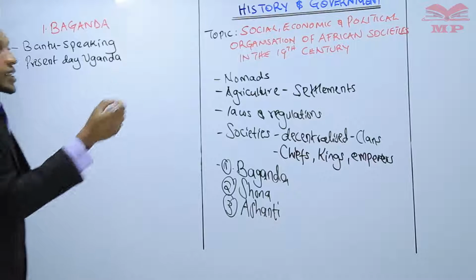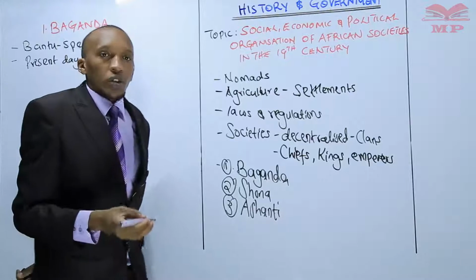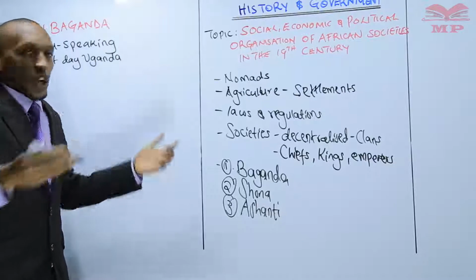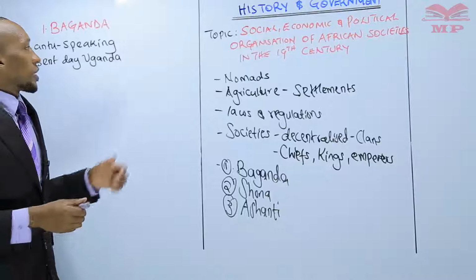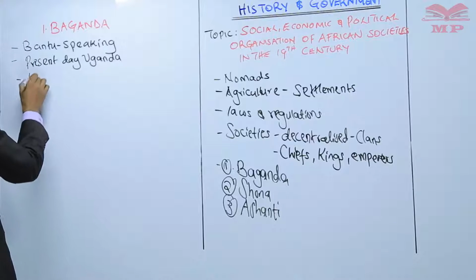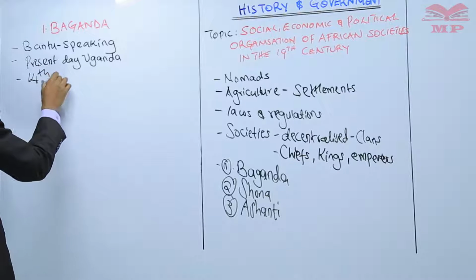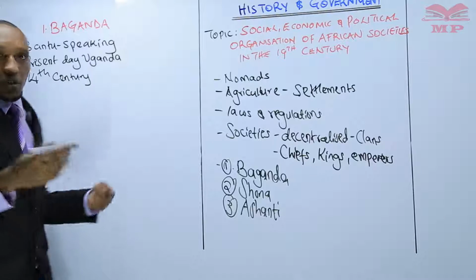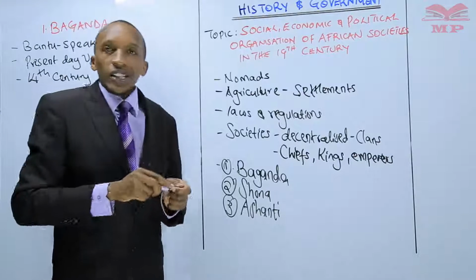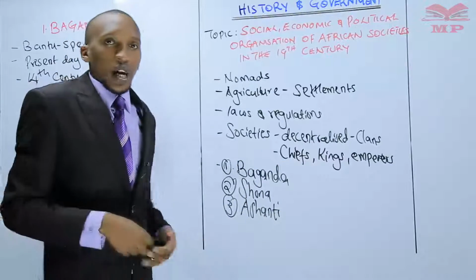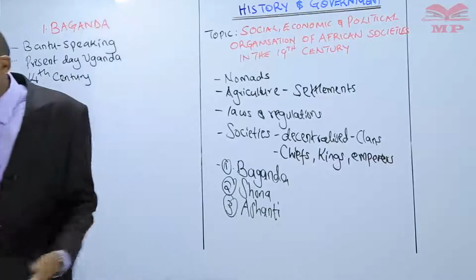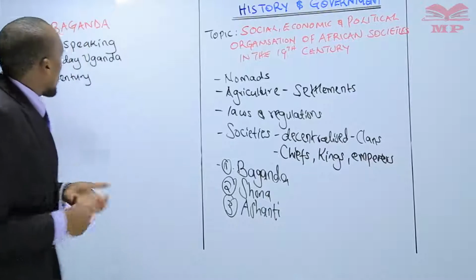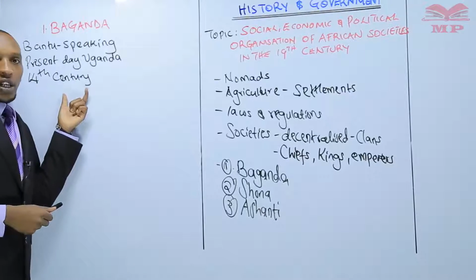They started to gather and develop as a society during the 14th century. That is when they started to settle down in their present land. And we are going to look at the different factors that encouraged them to settle.